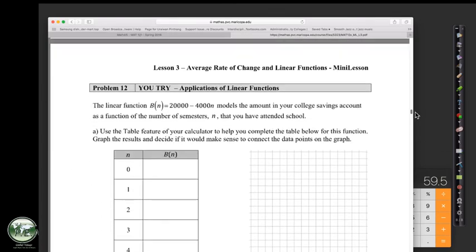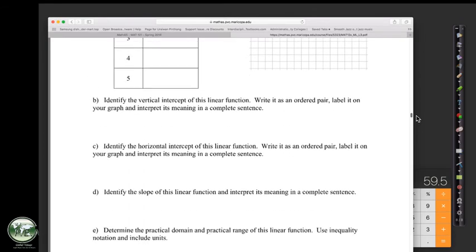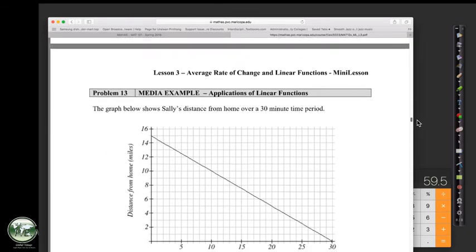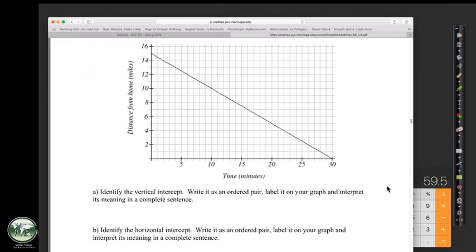What I want to do, and here's another one, it's a U-try, it's similar. We'll come back to these. This one's going to help us because we're going to take a look at the graph and be able to answer some questions about that graph.